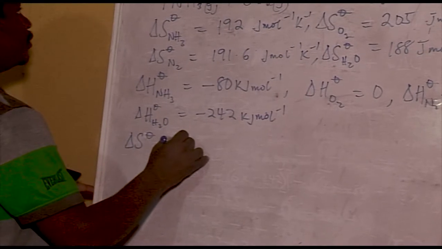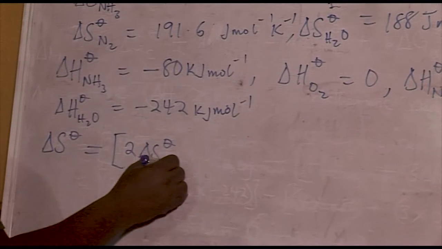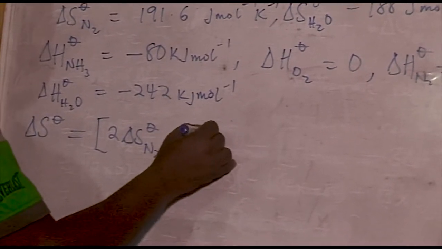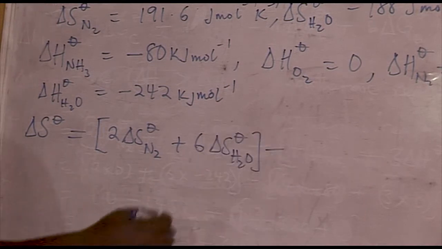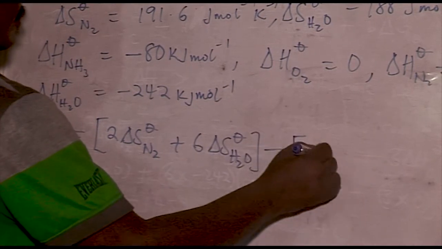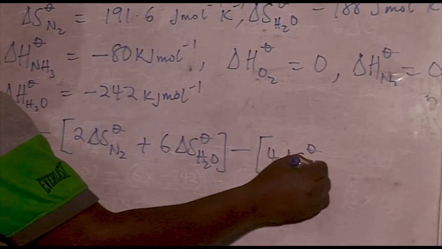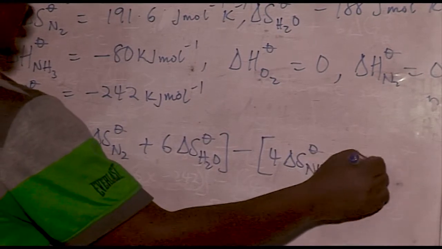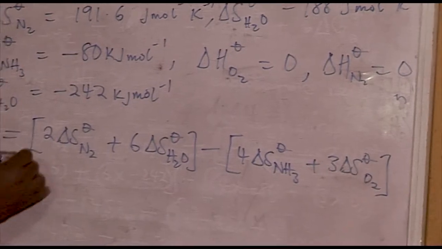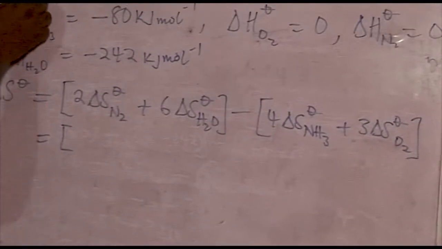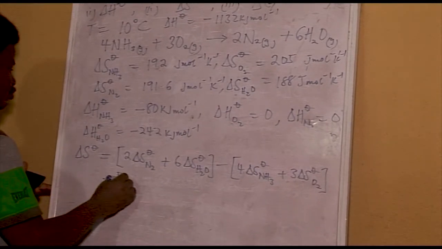For the standard entropy change of the reaction, we have standard entropy change to be 2 times standard entropy change of nitrogen plus 6 times standard entropy change of gaseous water, minus 4 times standard entropy change of ammonia plus 3 times standard entropy change of oxygen. So let's input our values there.